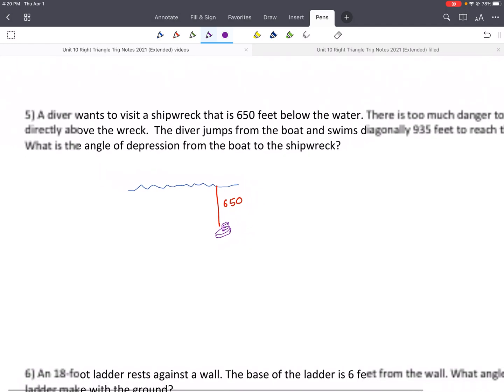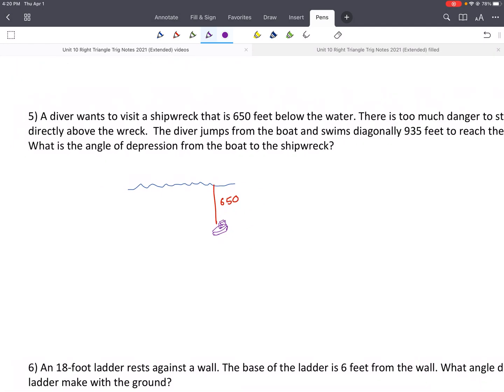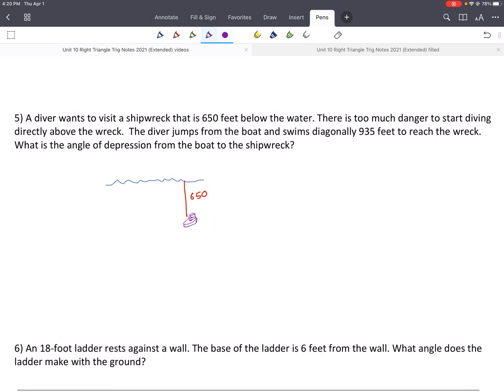Okay, that's my boat. It says there is too much danger to start diving directly below the wreck, so we can't just go straight down. The diver jumps from the boat and swims diagonally 953 feet to reach the wreck.